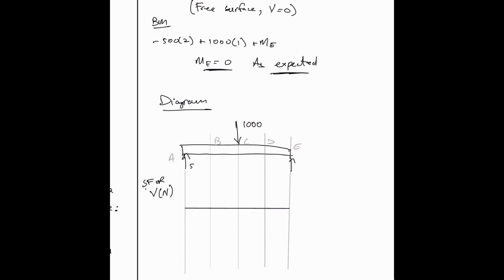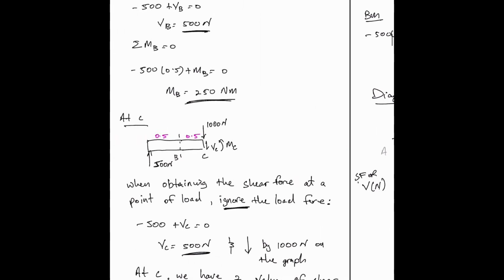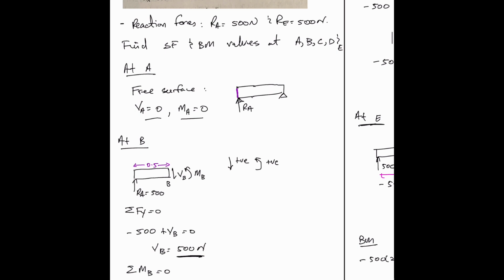So we know this was 500. It was a free surface. We say free surface is 0, and then we go up on the graph by 500. Up on the graph, down on the graph. At point A, we go up by 500 because we have the reaction force being applied here.